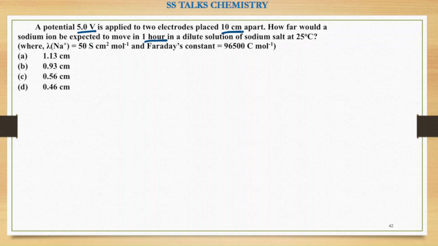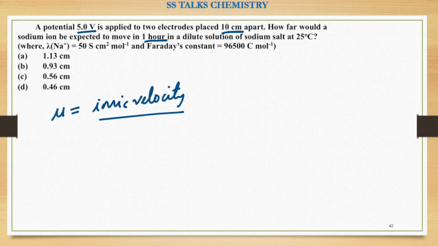Okay, so we know that mobility, which we denote with mu, is equal to the ratio of the ionic velocity, that is the velocity with which your ions are moving, upon the potential gradient. Potential gradient is nothing but the potential that you are applying per unit length.